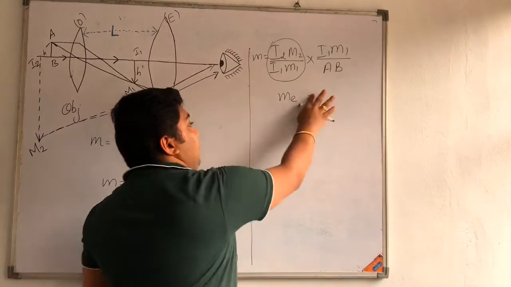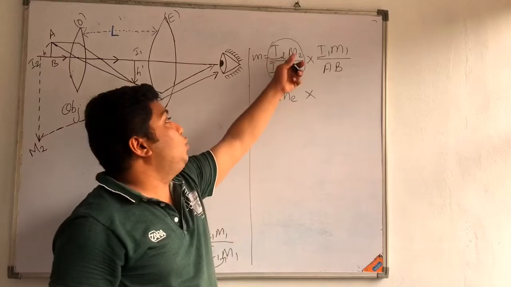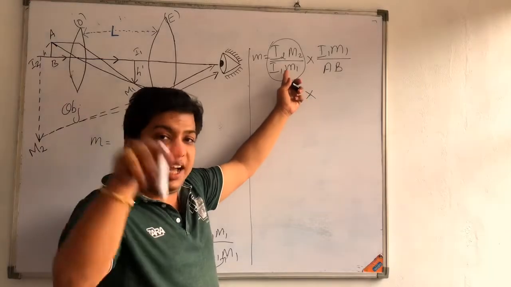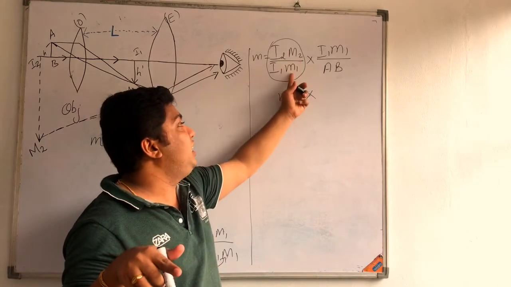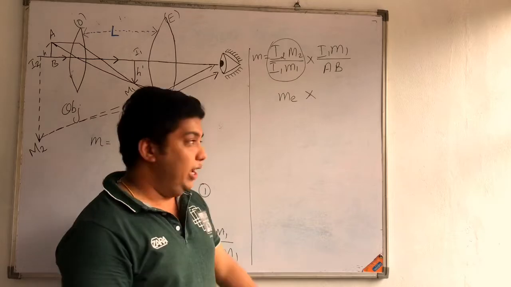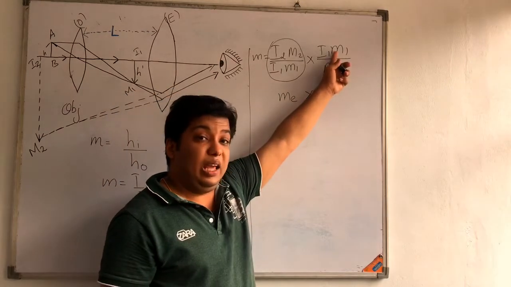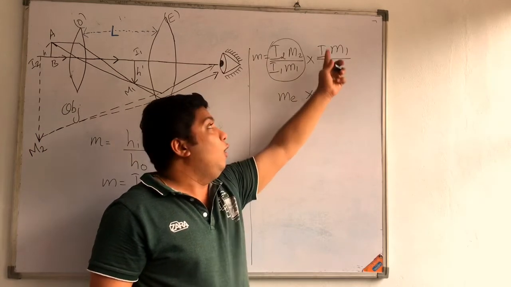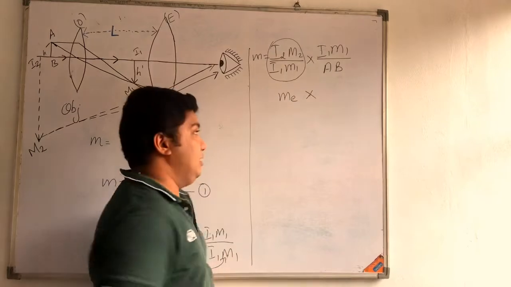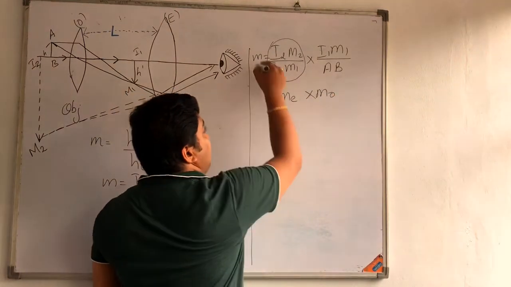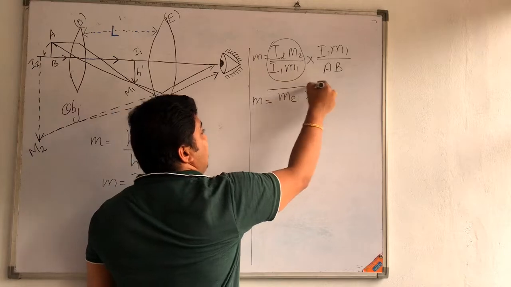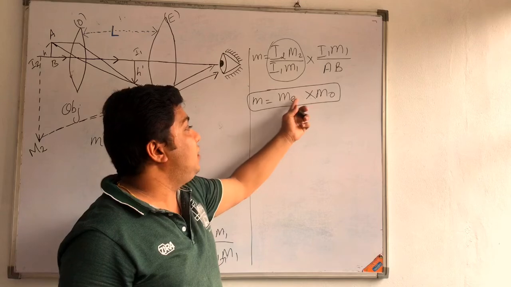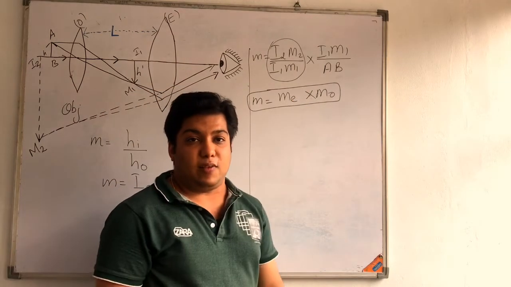Then I1M1 is the image of the objective and AB is the object of the objective lens, so image height by object height is the magnification of the objective lens. So the total magnification will be the product of the magnification of the eyepiece lens and the magnification of the objective lens.